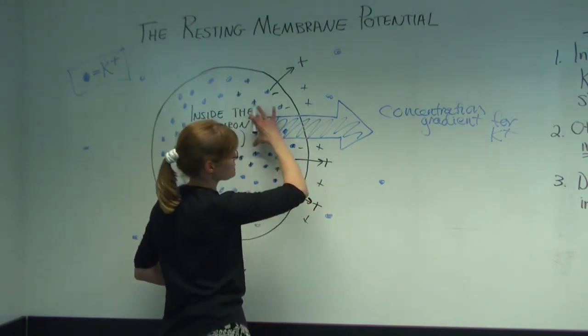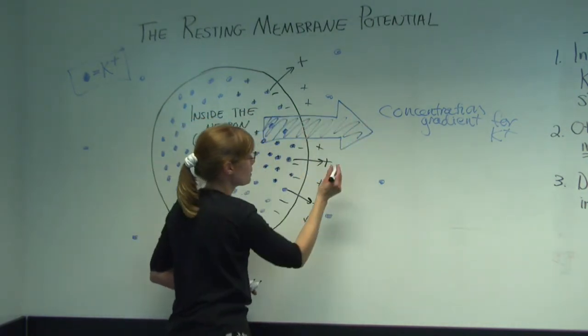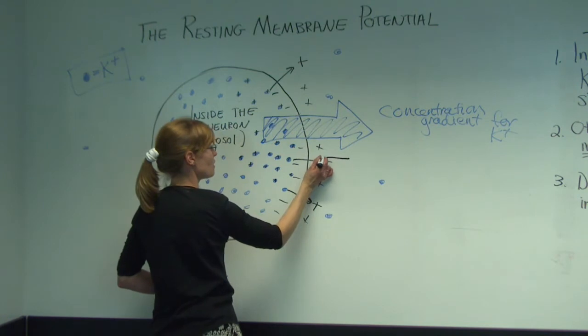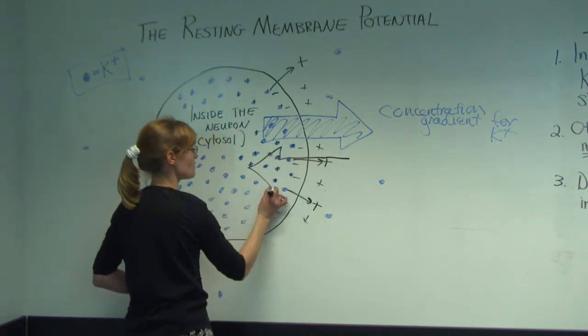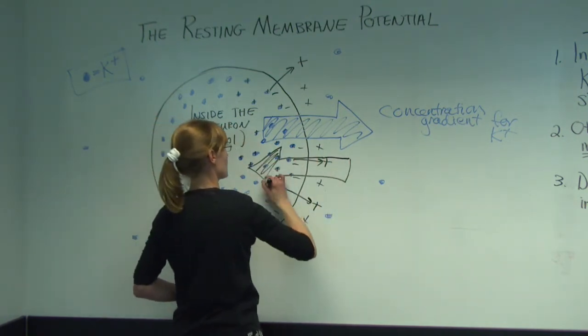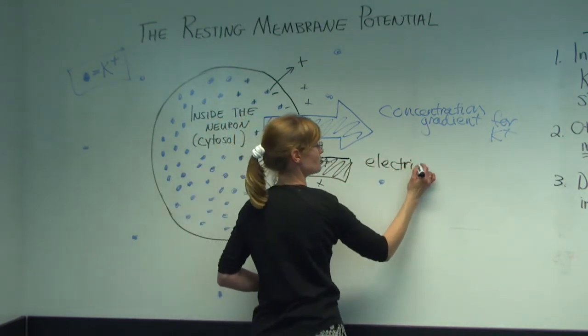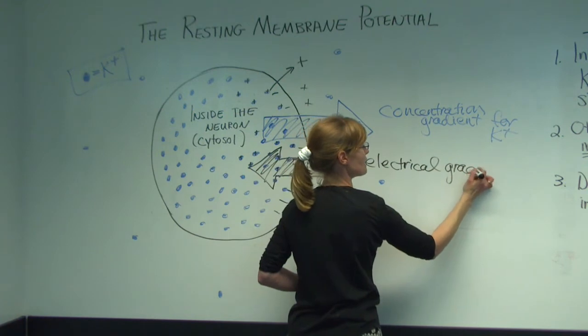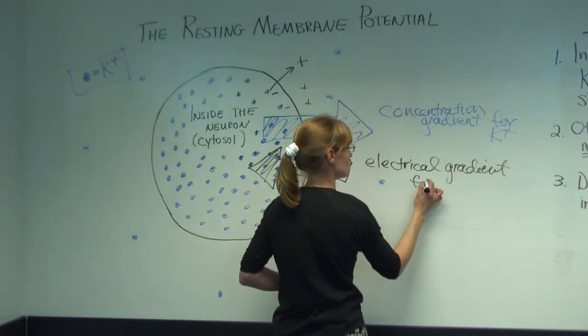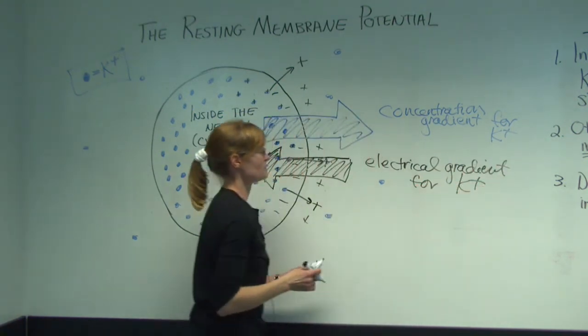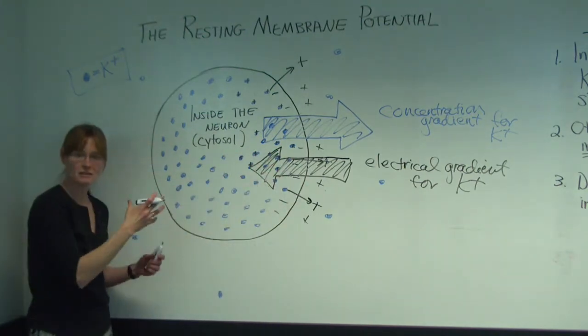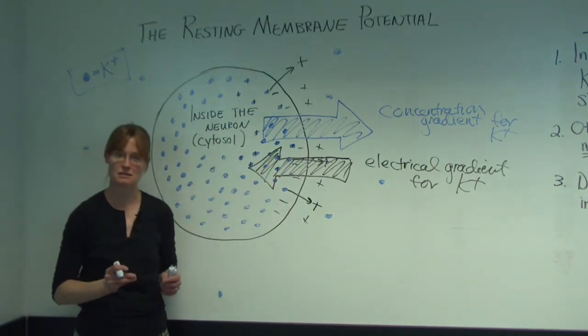So if this is our concentration gradient going outward, we're starting to develop an electrical gradient for potassium that's going inward, that's tending to keep those potassiums inside.